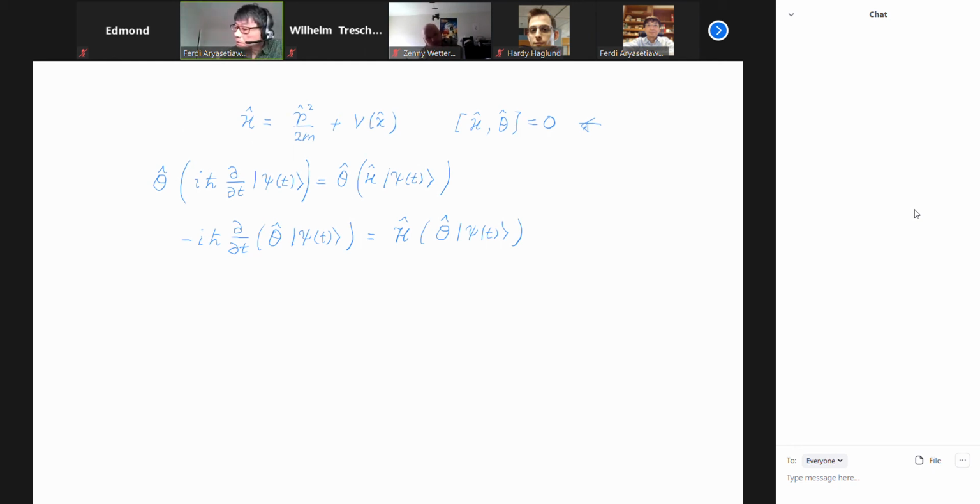So now we change t to minus t. Then we get i h bar d/dt of theta psi of minus t is equal to H theta psi of minus t, like that.